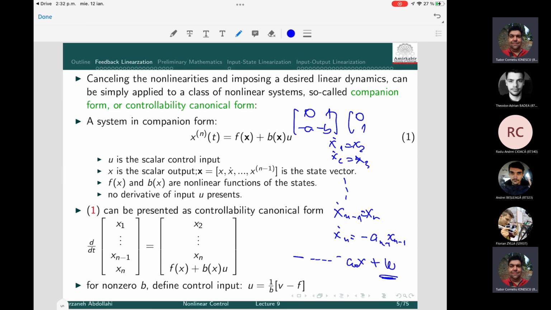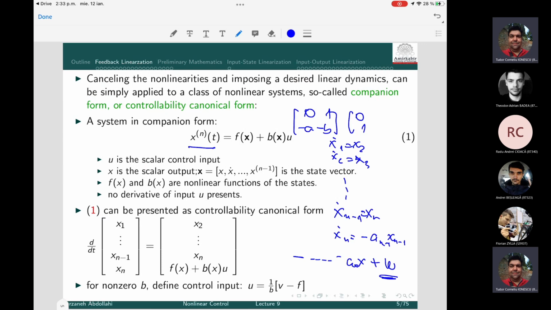You can see that in linear systems theory. So a system in companion form or canonical form, x to the n, this means n times differentiated in time. In this notation, if it's in this form, u is a scalar control input, x is the scalar output.